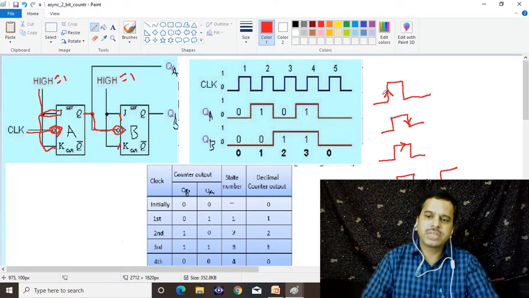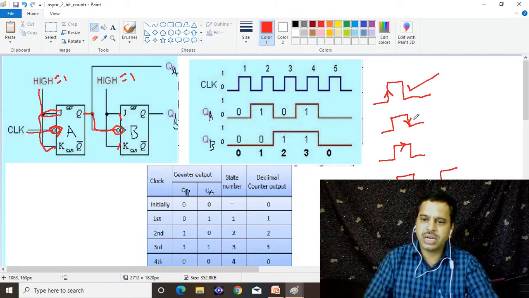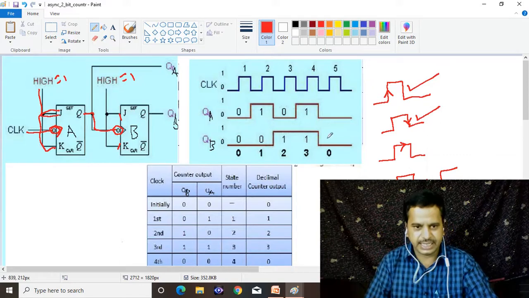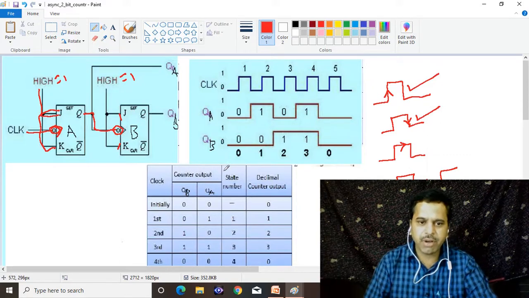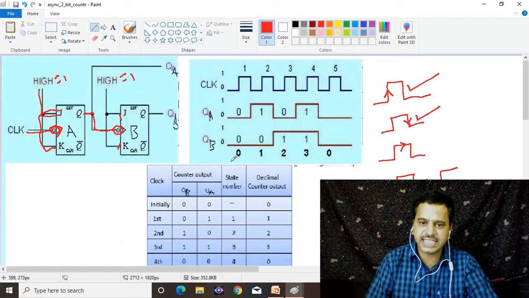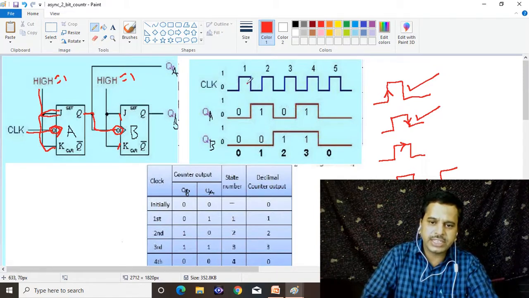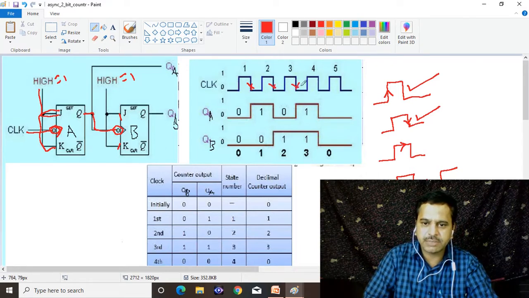For flip-flops, we use either positive edge or negative edge triggering. Here it is negative edge triggering. That means this flip-flop responds or changes its state only during the falling edge of the clock pulse, because it is negative edge triggering.